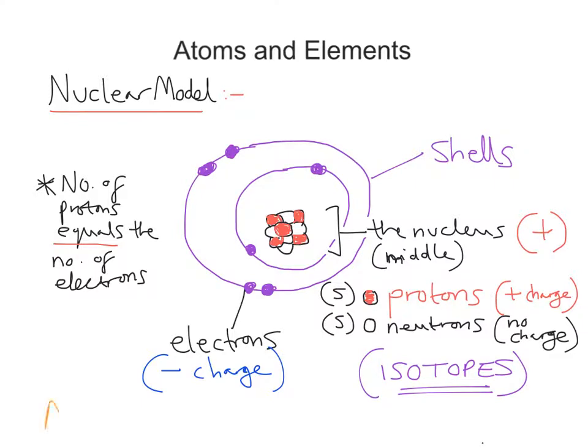So, when an atom becomes an ion, that's when we either gain or lose electrons.